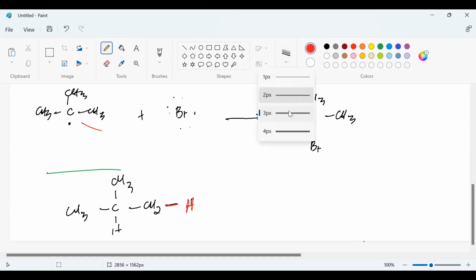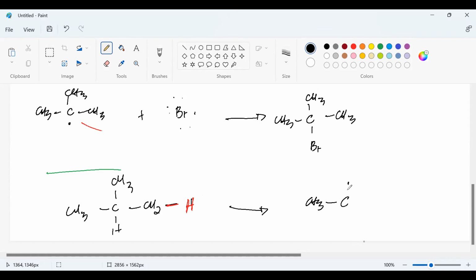So you will get your CH3, CH3, and you will have your CH2, and then you have your dot, and then you have your hydrogen here. So this one will be abstracted with your Br dot. Okay, so this hydrogen will be abstracted. One electron will go to the hydrogen and the other will go to the CH2. And again, you have here your HBr, right?